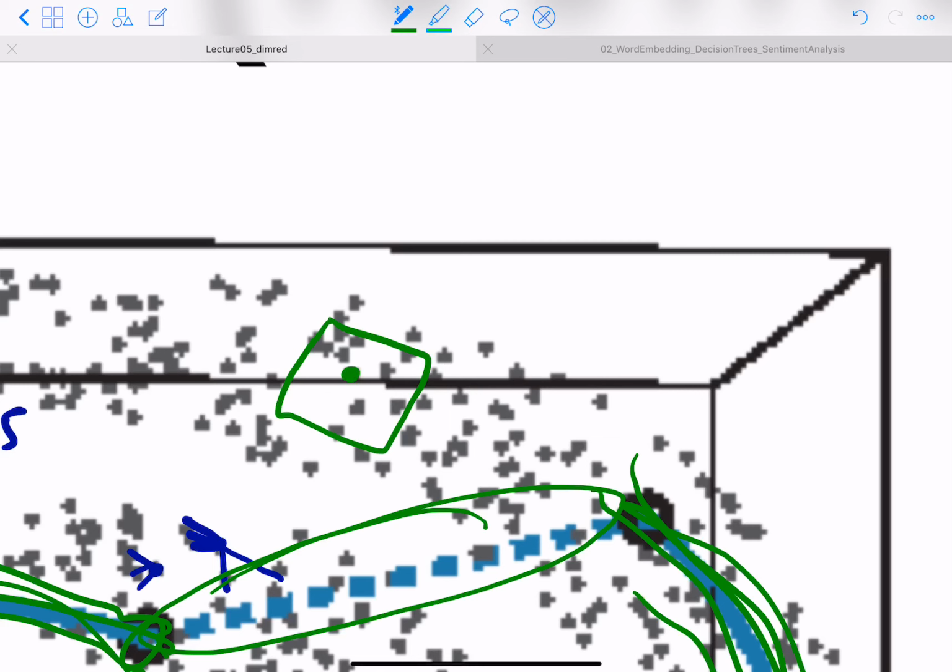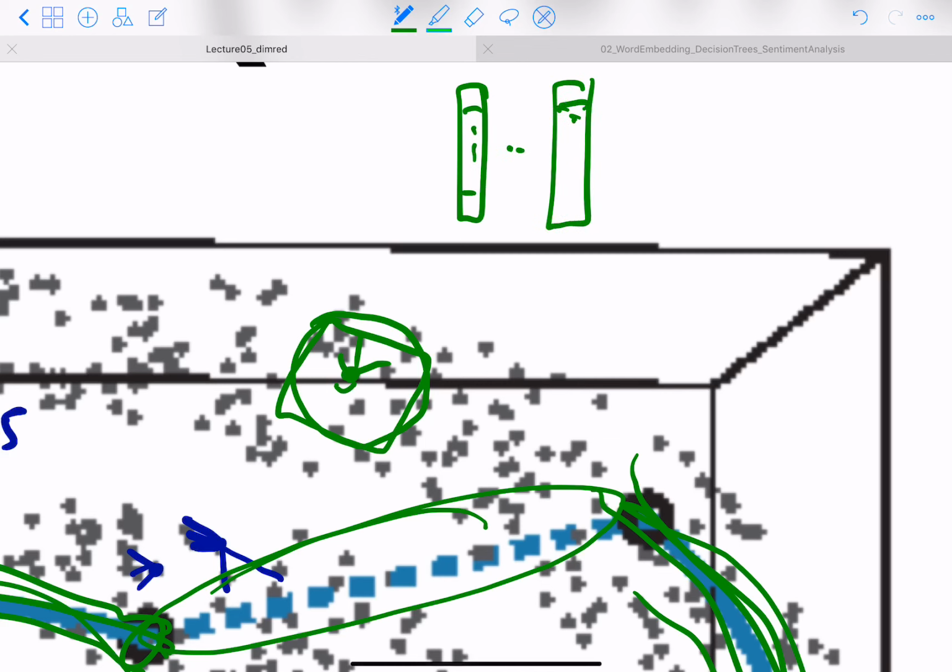Suppose we consider maybe 10 nearest neighbors around this point, and suppose they are 100-dimensional vectors. Then we are given 10 different 100-dimensional vectors, right?